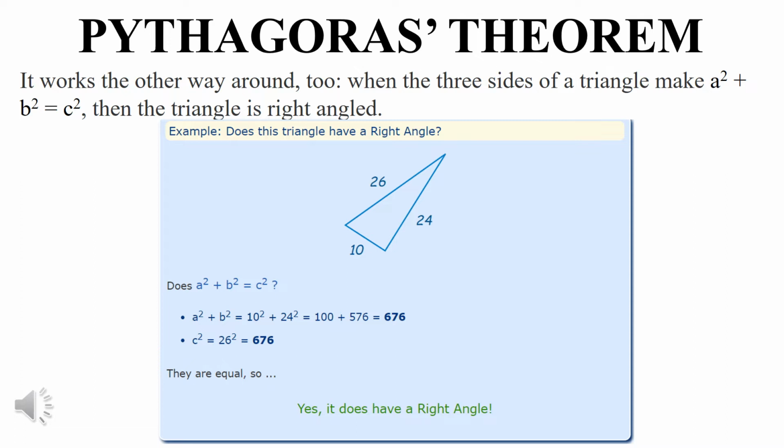Thus, a squared plus b squared is equal to c squared. A squared plus b squared is equal to 10 squared plus 24 squared is equal to 100 plus 576 is equal to 676. C squared is equal to 26 squared is equal to 676. They are equal. So, yes, it does have a right angle.